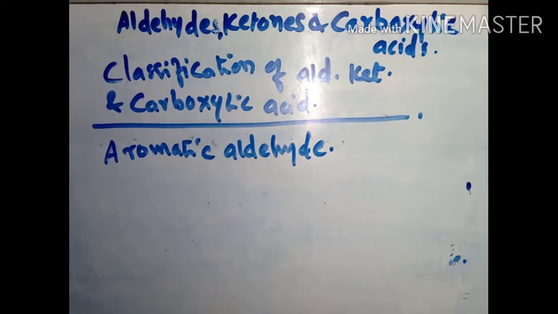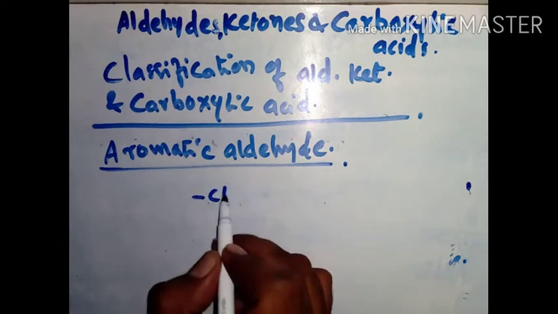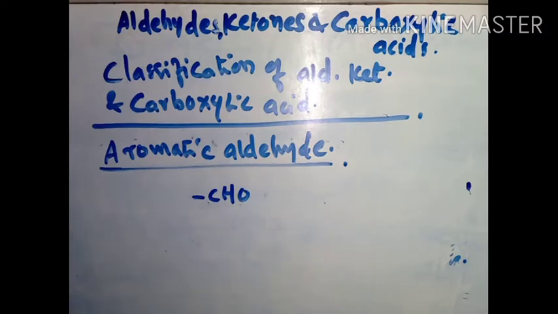The compounds in which the CHO group is directly attached to an aromatic ring are called aromatic aldehydes. The aldehydic functional group, that is the CHO functional group, attached to an aromatic ring. Such aldehydes are classified as aromatic aldehydes.